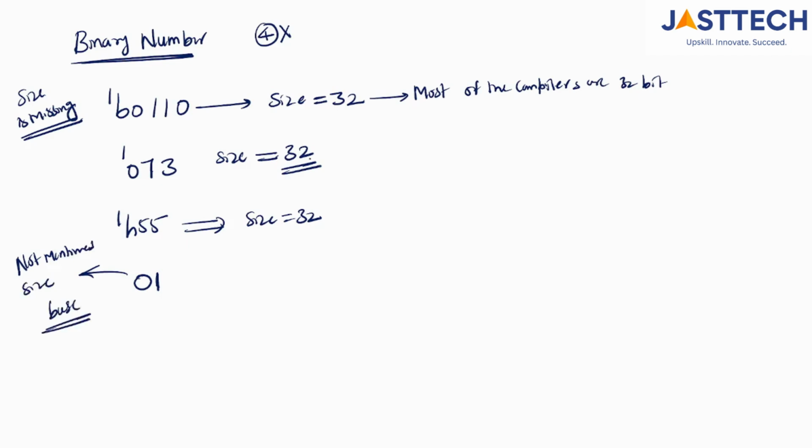What is the size? 32, blindly it will allocate the size as 32 bit. What is the base?